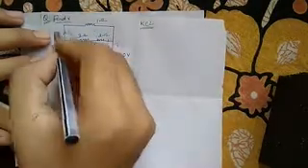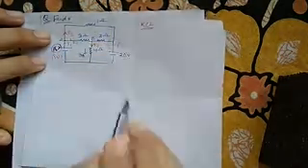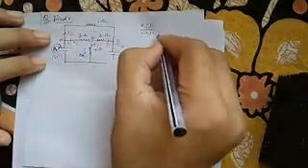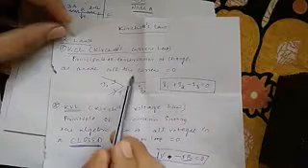Let's name the nodes A, B, C. For node A, what Kirchhoff's current law says is that at any node the sum of all the currents is equal to 0.